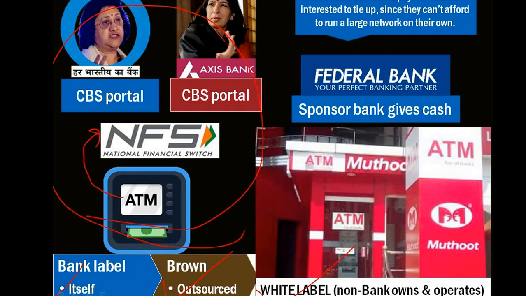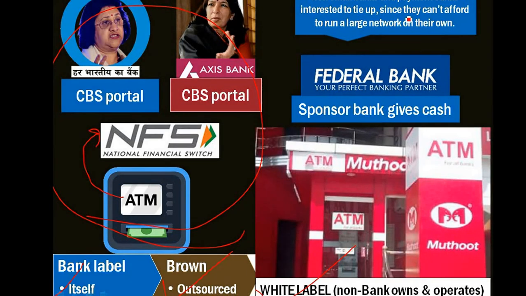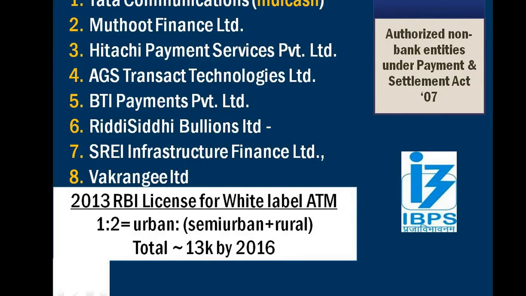A bank can operate its ATMs itself, or if they are outsourced, then they are called brown label ATMs, and if they are managed or owned by a non-banking entity that operates them, then it is called a white label ATM.